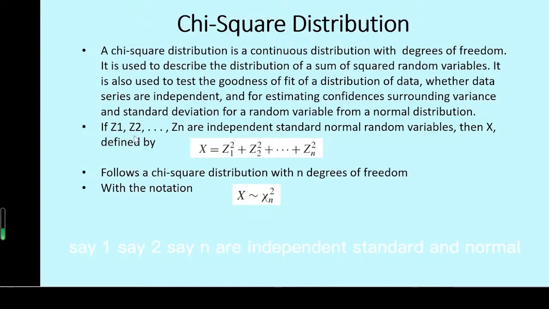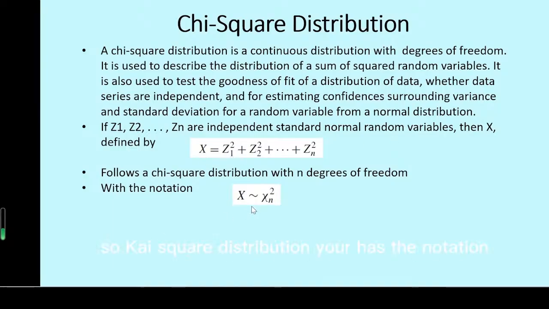So if C1, C2, Cn are independent standard normal random variables with mean 0 and standard deviation 1, the random variable x, which equals the sum of C1 square plus C2 square until Cn square, follows a chi-square distribution with n degrees of freedom, where n is the number of variables squared and summed.